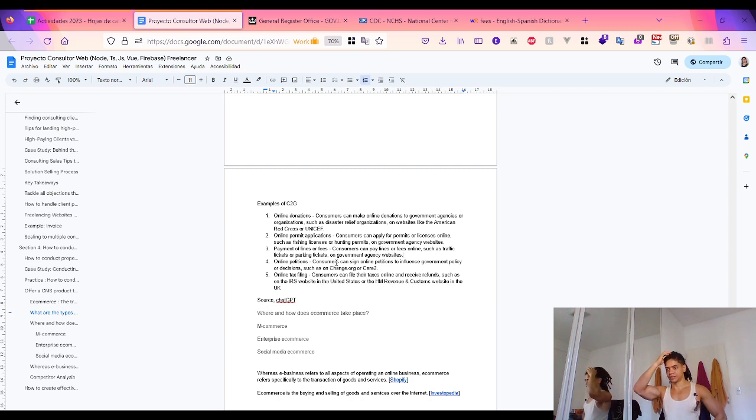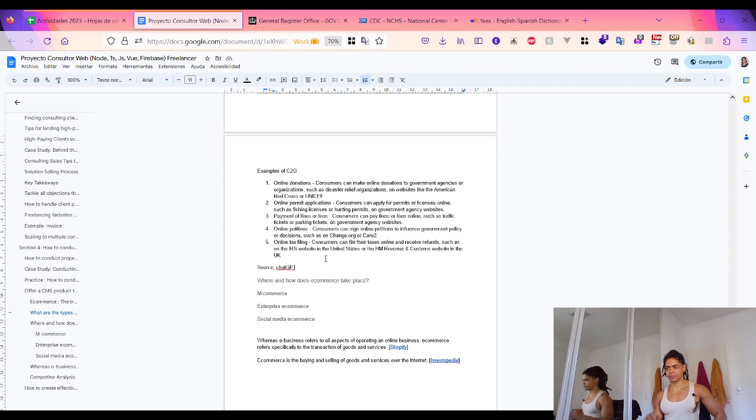And online tax filing: consumers can file their tax online and receive funds, such as the IRS website in the United States or the HM Revenue and Customs website in the UK.